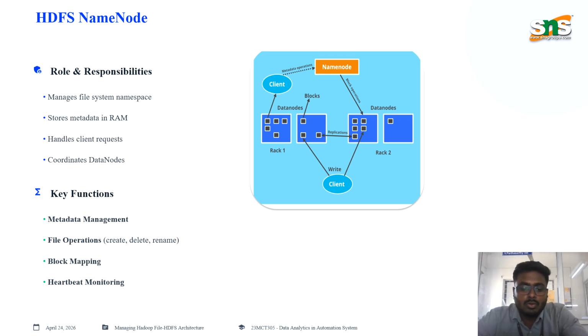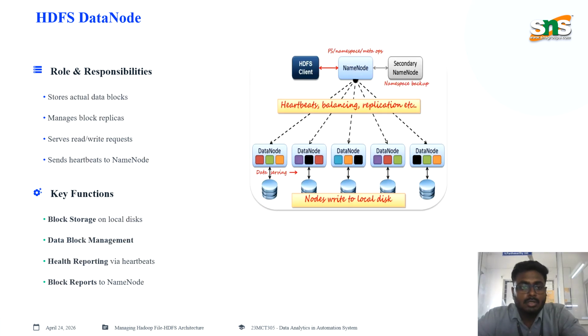It also monitors the data nodes using heartbeat signals and block mapping information. In simple terms, the name node acts as the brain of HDFS. Its major roles are managing the file system and coordinating the data nodes.